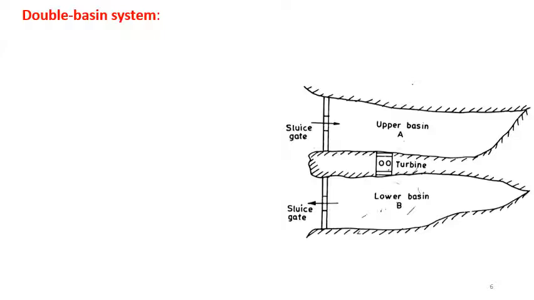When the ebb tide level gets down, then the sluice gates of B get opened, and water will move from basin B to the sea. So this continues until the head and water level in the upper basin A is enough to drive the turbine. The cycle is repeated with the next flood tide. In this way it is going to work.